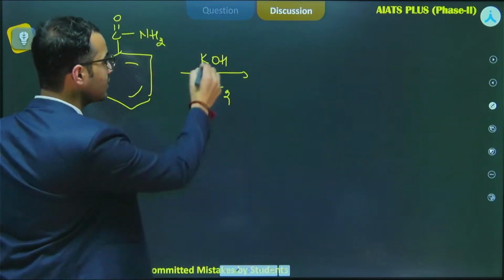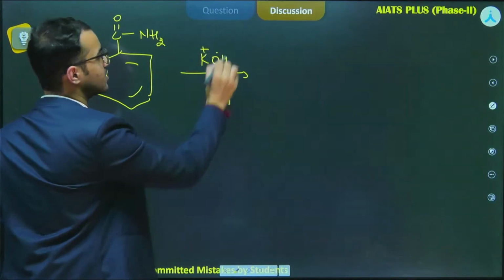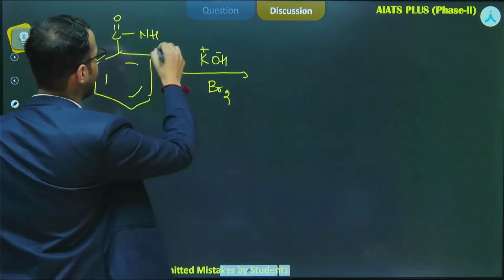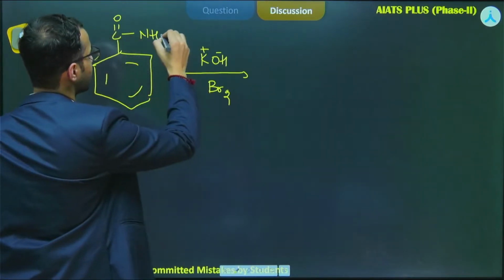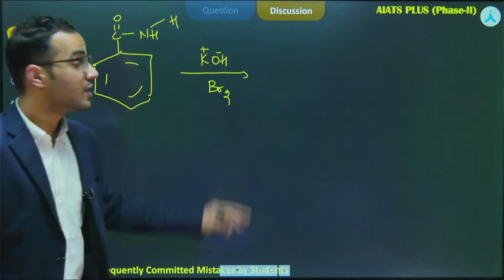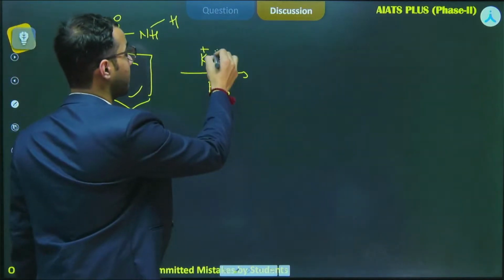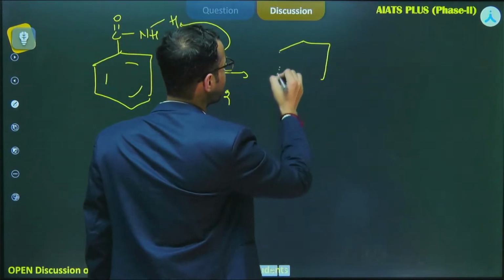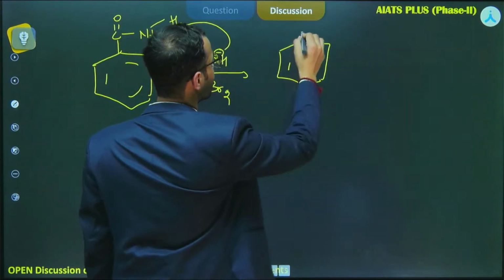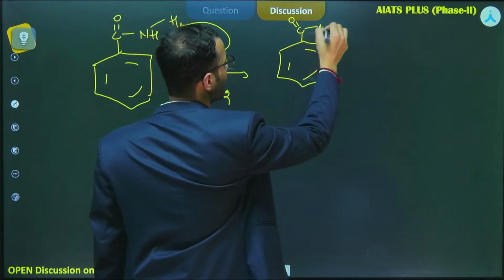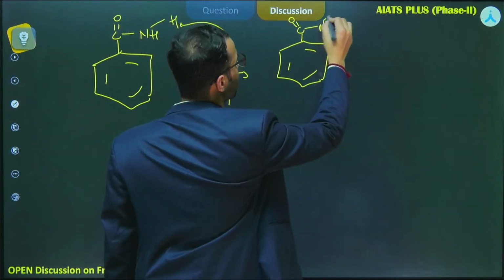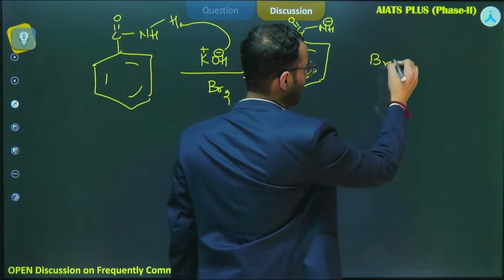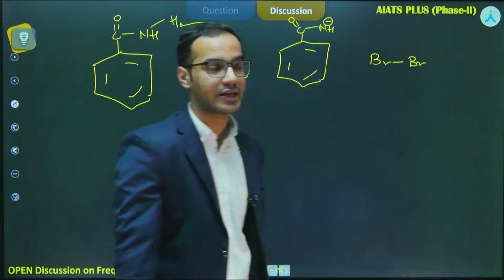Let us say this is the base, this is positive, this is negative, and this is the amide. This base will abstract a proton from this amide, yielding an N minus, and we are giving it bromine.